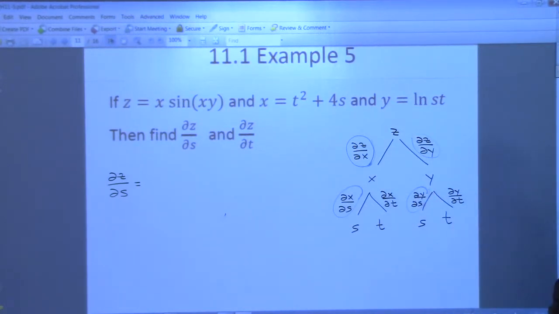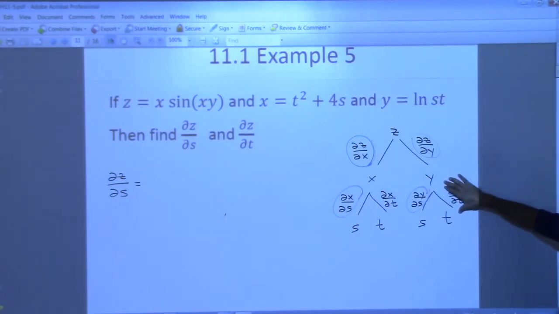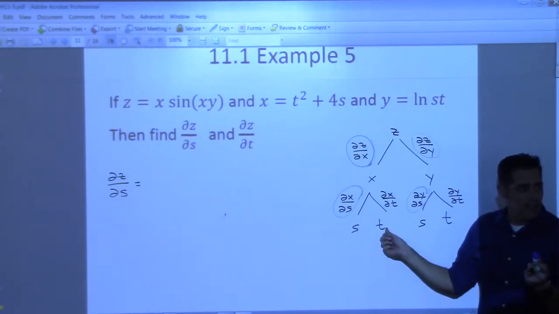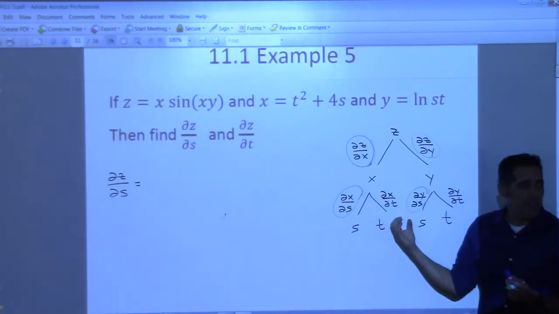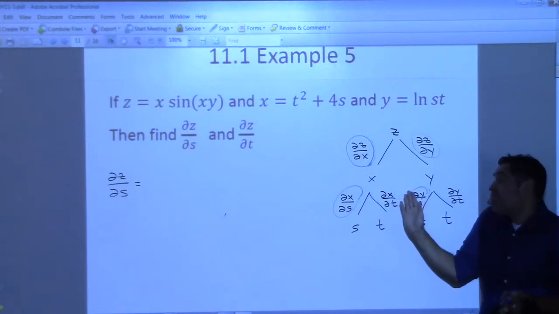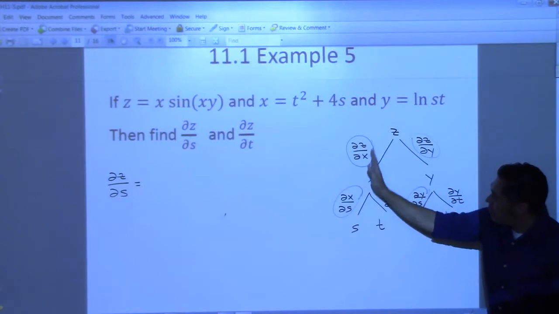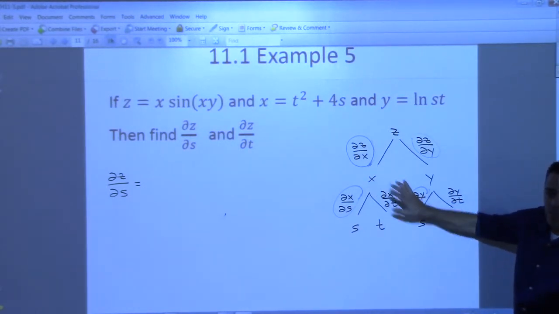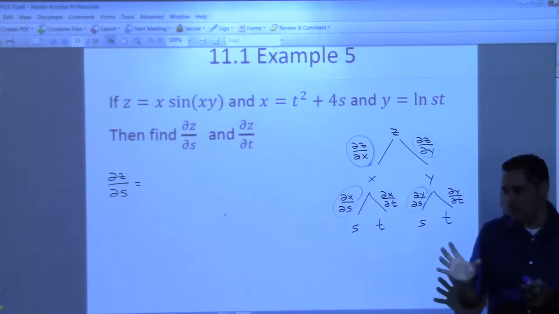Make sense? The reason why these don't factor in is because if t is being held constant, then this derivative is 0. Does that make sense? This is basically nothing happening here. So you could, if you wanted to, imagine that you're going down all the branches, but when you come down this branch, if you're holding t constant, this is 0, so it's going to kill off one of your little pluses, and it'll be zeroed out.